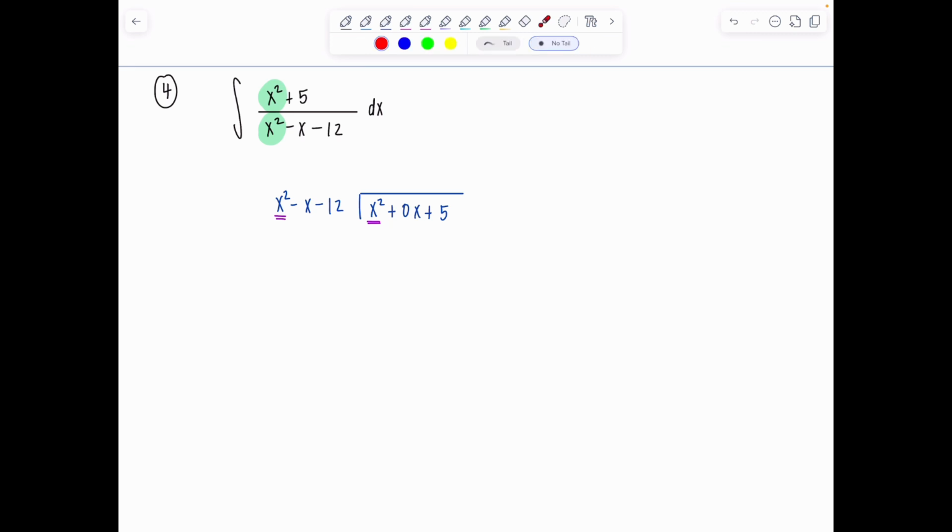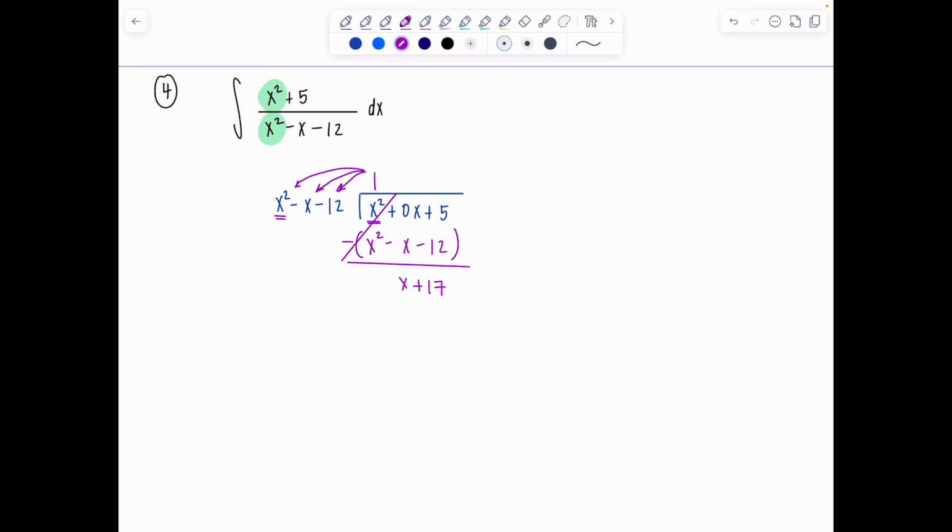Okay. What do you multiply x squared by to make it x squared? 1. Then you distribute that 1 to the divisor listed underneath, x squared minus x minus 12. Now we subtract. Goodbye. We have a positive x and then 5 minus negative 12, plus 17.